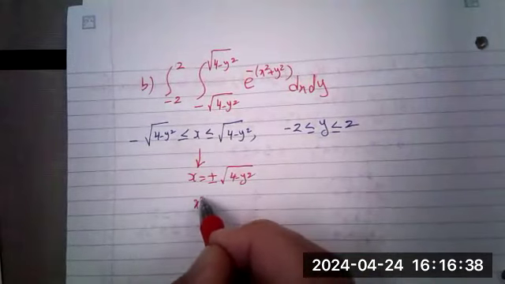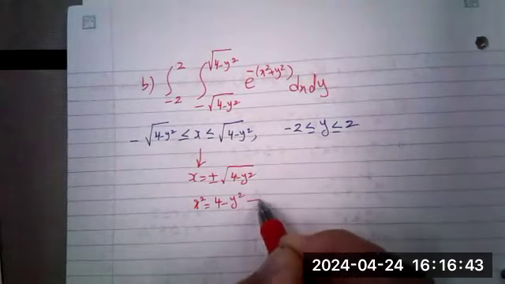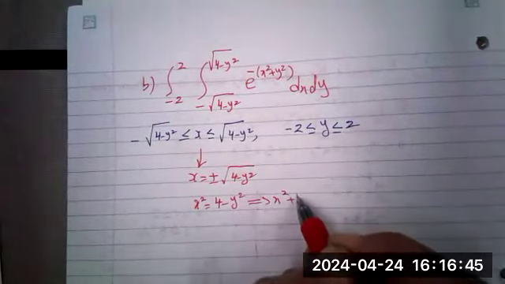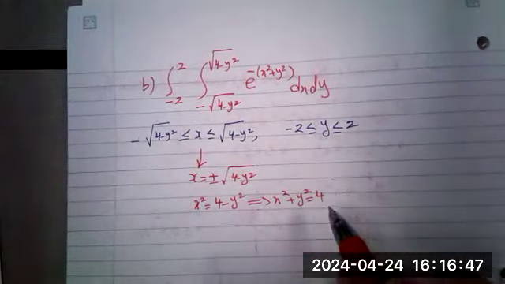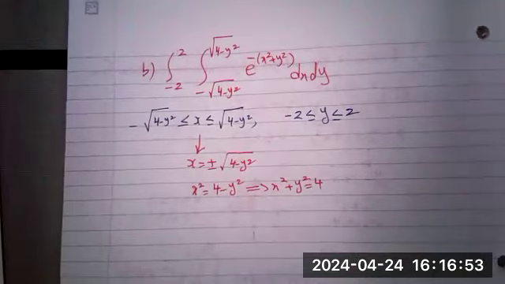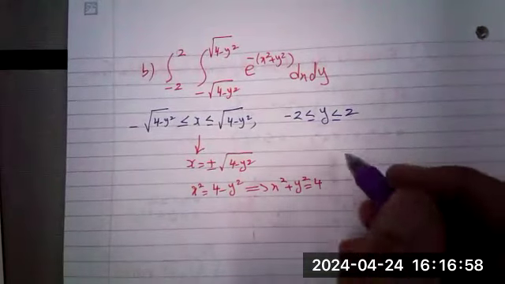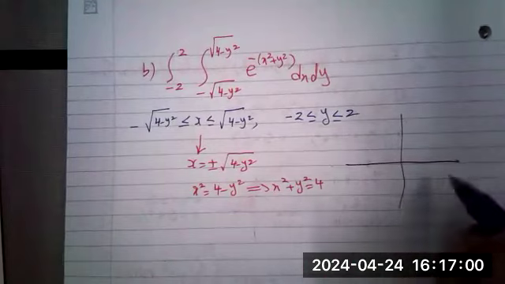If you square it, x squared is going to be just 4 minus y squared. And that gives you x squared plus y squared equal to 4. It's a circle centered at 0 with a radius of 2. You have the positive negative, so you have the full circle. Okay, so this is what you have for your region.